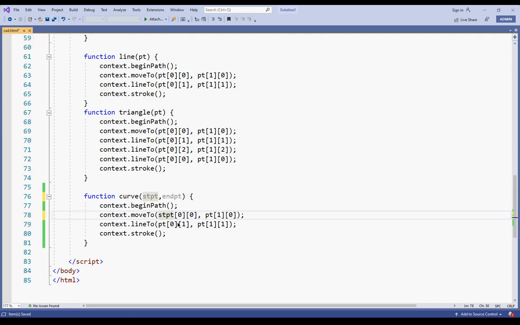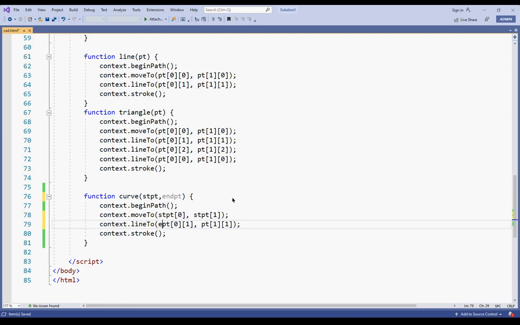This is the start point. The first element is x, and this is again the start point, the second element is y.